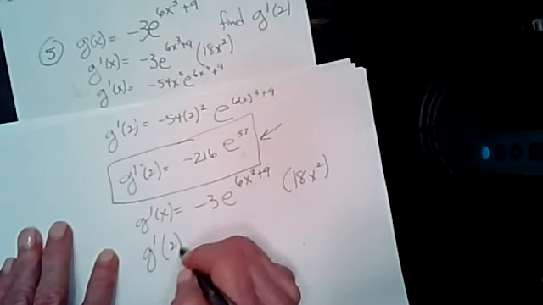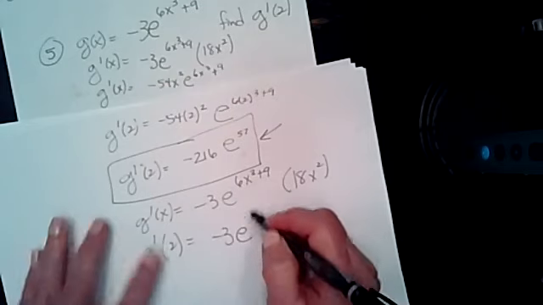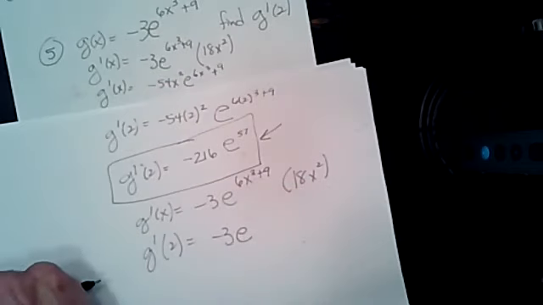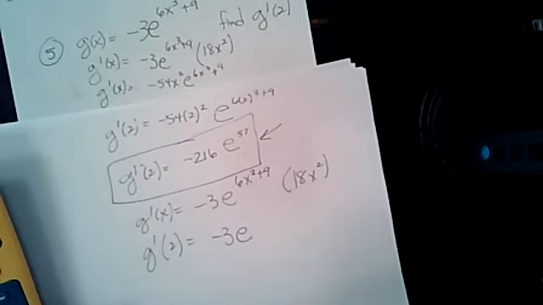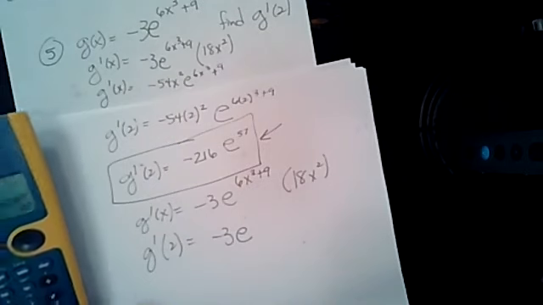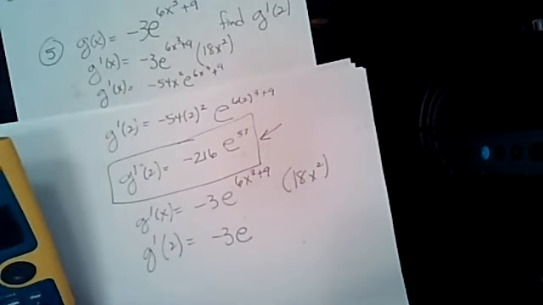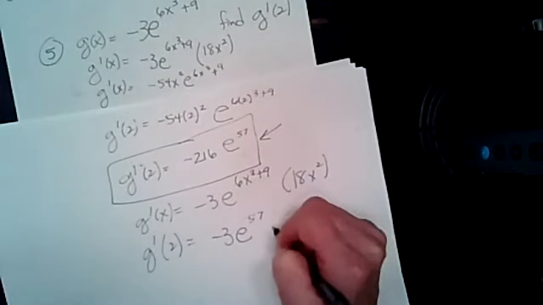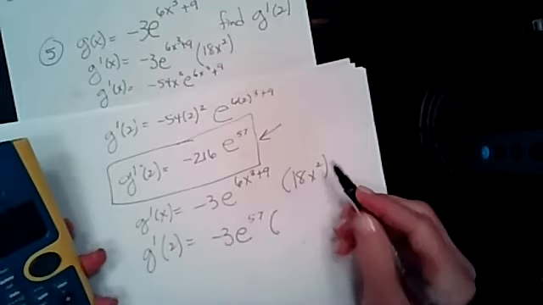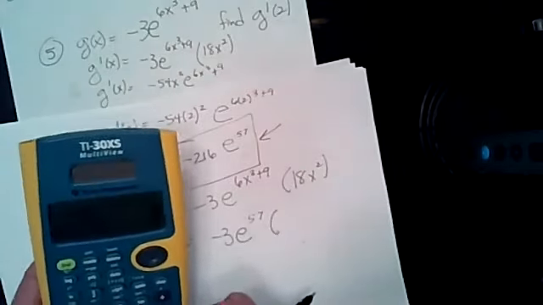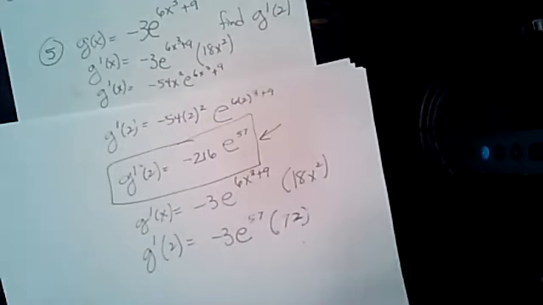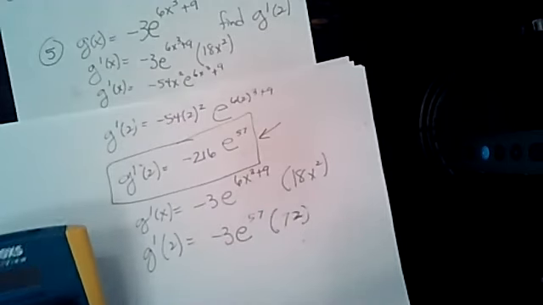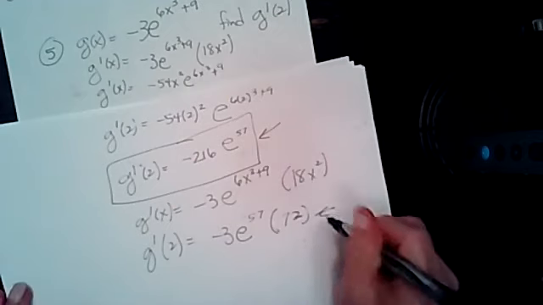G prime of 2 would be negative 3e to the, 2 cubed is 8 times 6 is 48 plus 9, you still have to do that. 6 times 2 cubed plus 9 is 57, times 18 times 2 squared, 72. And you could leave it just like that. It doesn't matter. If you multiply 72 times negative 3, you'll get negative 216. Either of those is fine.